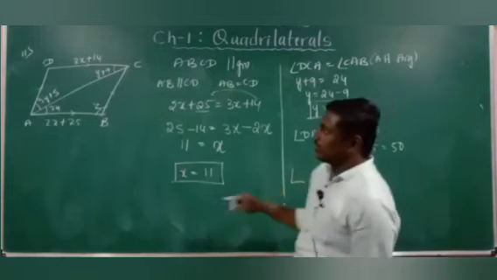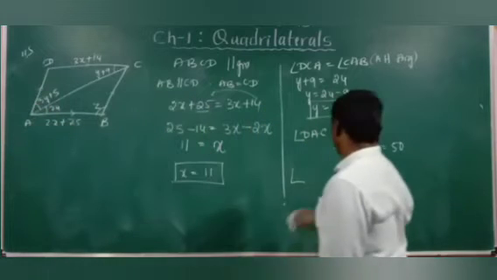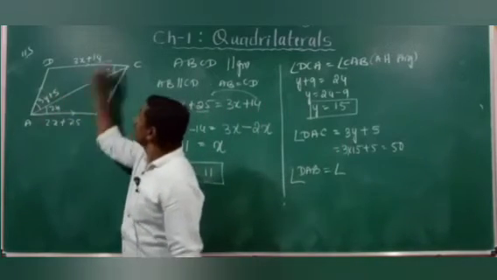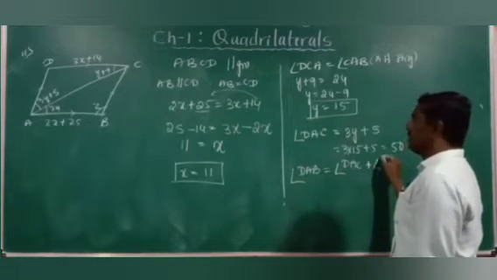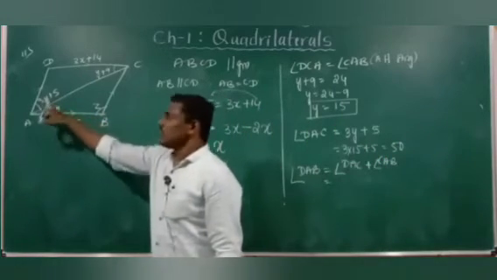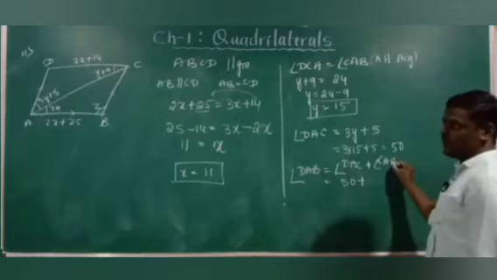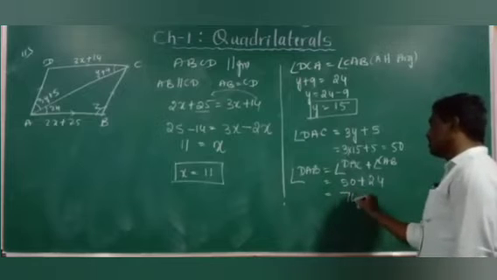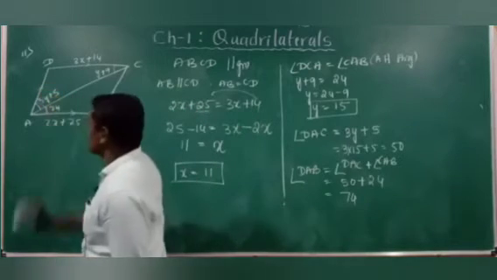So angle DAB is nothing but the sum of these two angles, DAC plus CAB. DAC we already calculated as 50 degrees, and CAB is already given, that is 24. So the sum of these two angles is 74. Here the complete angle A is 74.